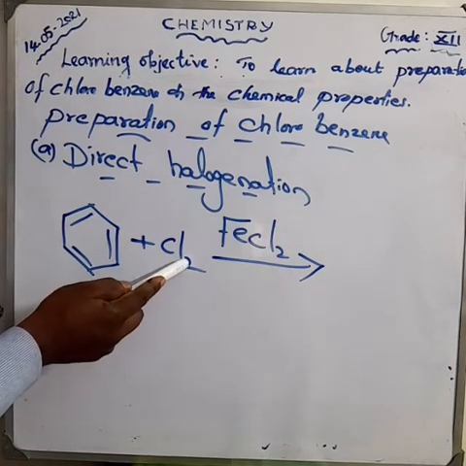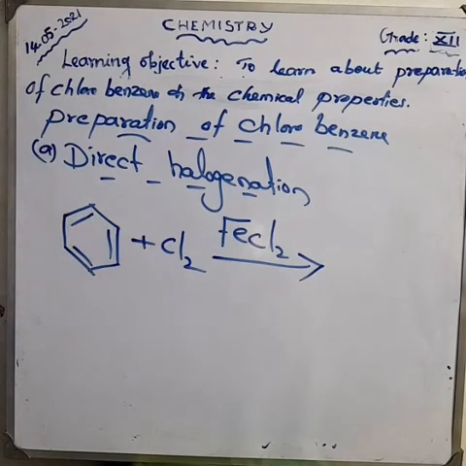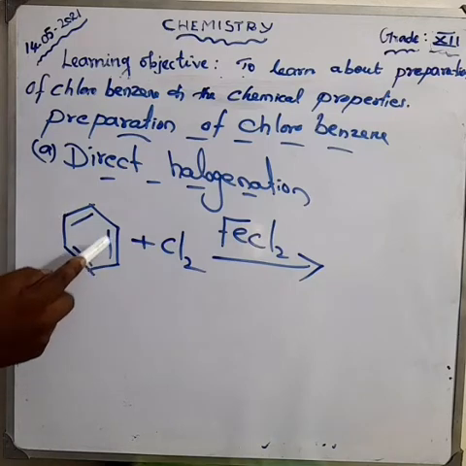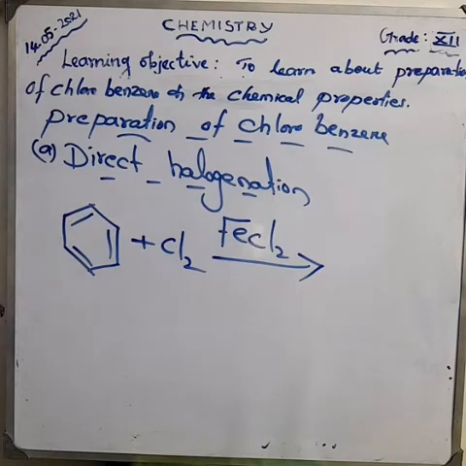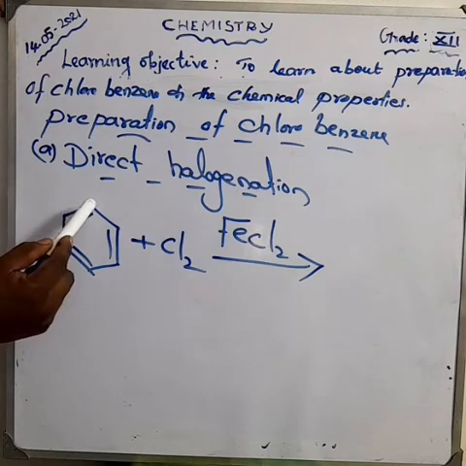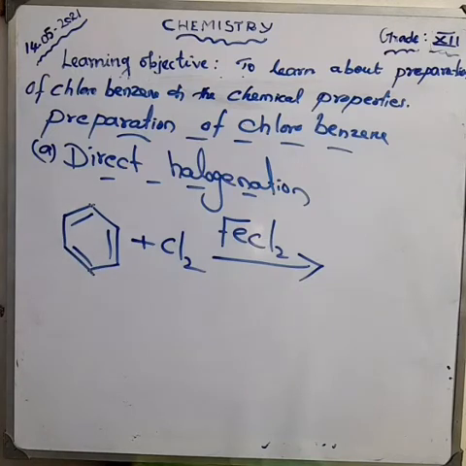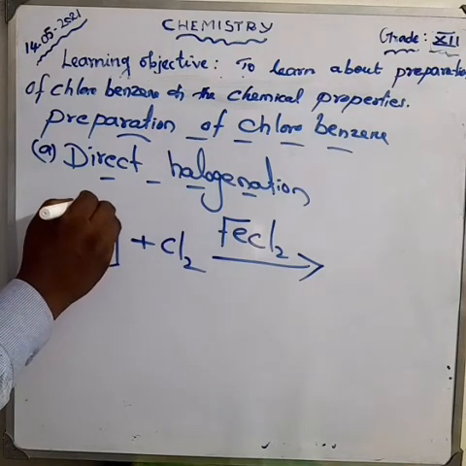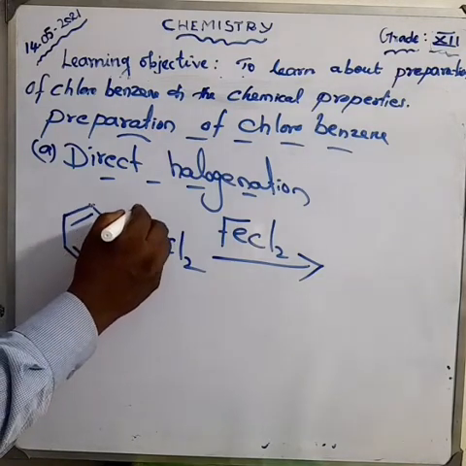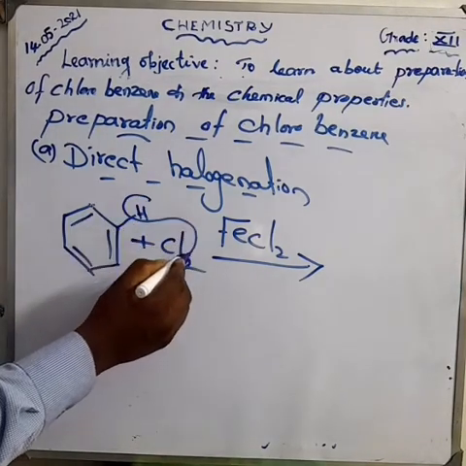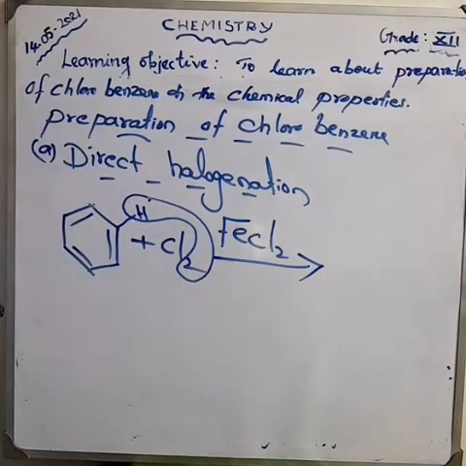Listen, all of you. One of the concepts here: whenever chlorine is attached to this benzene, each corner has carbon and hydrogen. So one of the hydrogens reacts with chlorine to form HCl.